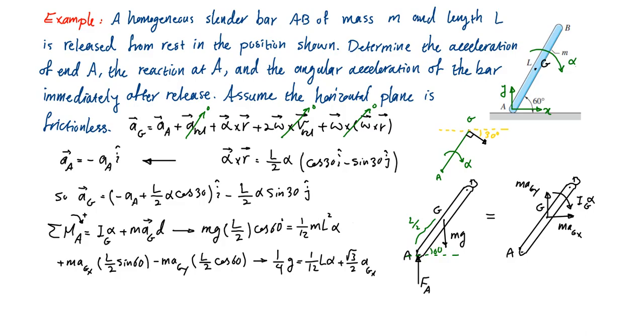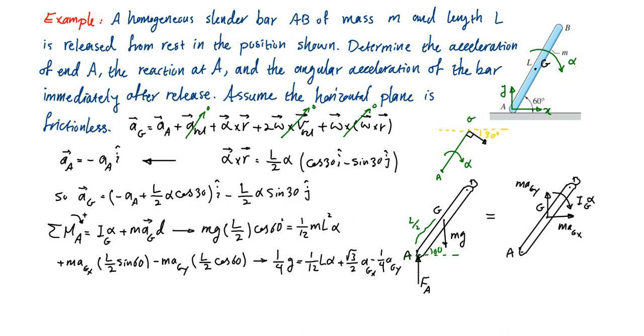And minus 1 over 4 a_Gy. Now we can replace a_Gx. a_Gx is this term, minus a_A plus L over 2 alpha cosine 30 degrees, and a_Gy with this term, minus L over 2 alpha sine 30 degrees.